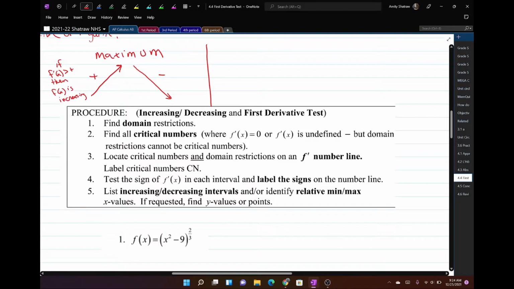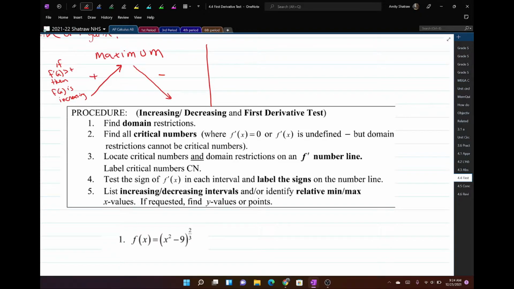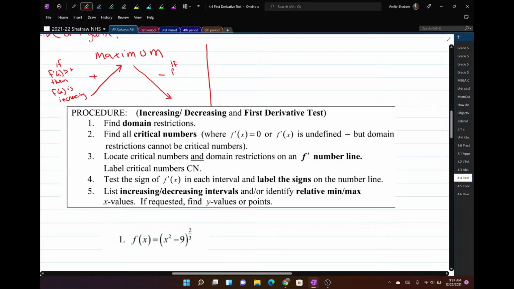And then we're going to look at a further moment in time down the line on the x-axis or wherever, and we say that if f prime of x was less than 0, meaning that the derivative is negative, then f of x is decreasing. All right, that is when you have found a maximum.